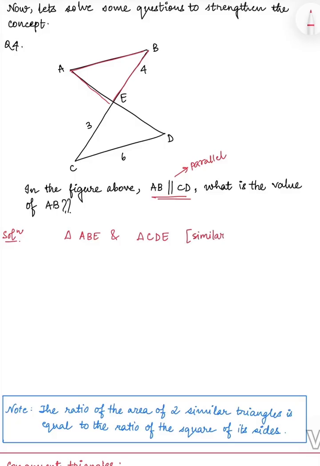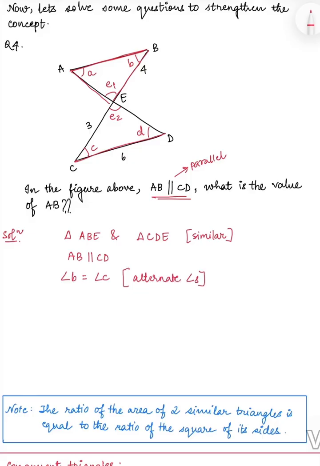How can we prove that? Because it is given that AB is parallel to CD. So if this is angle B, angle A, this is angle E1 maybe, this is E2, this is C, this is D, we can write angle B is equal to angle C. Why? Because they are alternate angles.